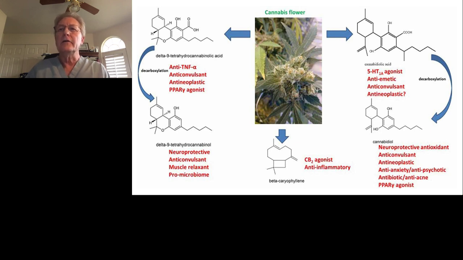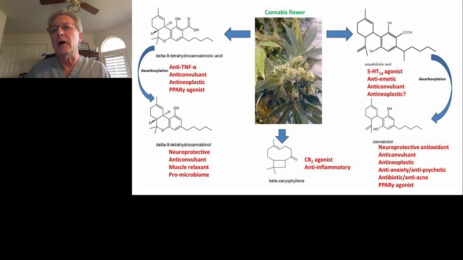In this slide, looking at the cannabis flower, and then to the left, THC, and to the right, CBD in the acidic form, is how the plant creates those phytocannabinoids. These have physiologic activity listed in red below.